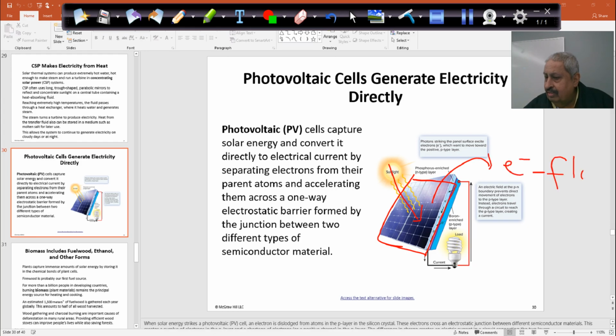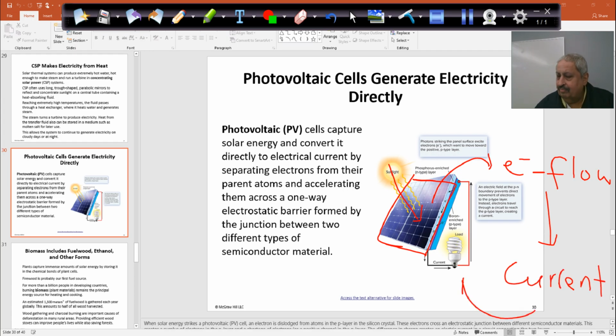Electron flow is current. So this is chemical; you are talking about chemical energy generated. It's solar energy, but the sun is helping kick electrons out of the surface of the metal on the solar panel. When they are kicked out, they flow, and you have to guide them through to generate the current. Now the current will come out here.